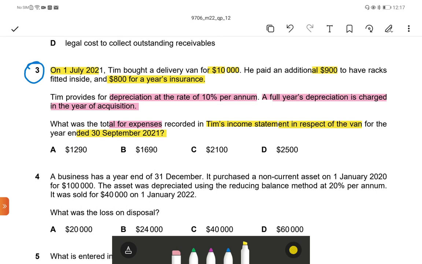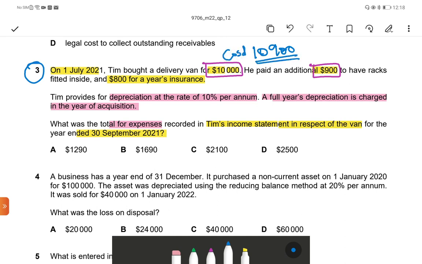So here they have given the information about one delivery van. The van price is 10,000. They paid an additional charge of 1,900. So the total price of the van is 10,900, that is the cost.